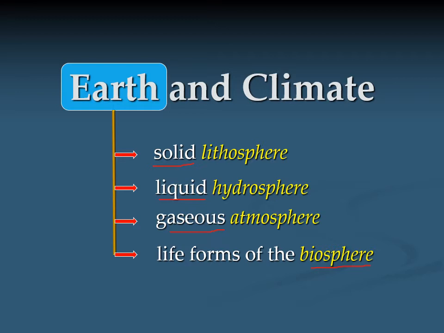So with the interaction of these things among themselves, the weather conditions will change for any particular place, and with time, for a longer period of time, that changing weather condition results in the change in climatic condition of that area. So these four spheres are very important for governing any change in the climatic condition of an area.